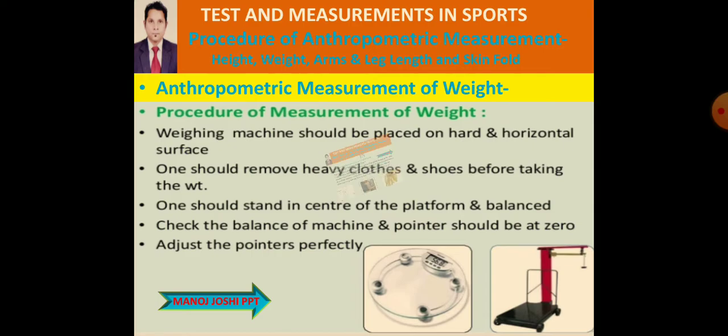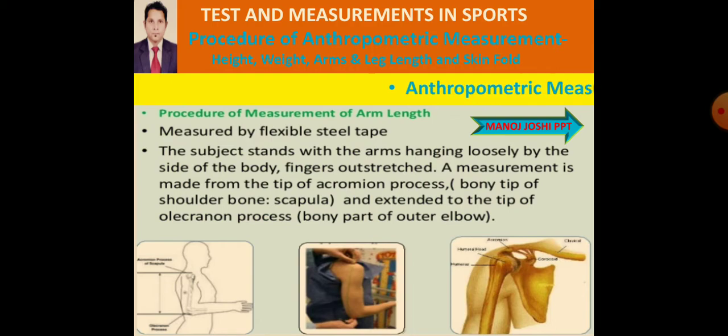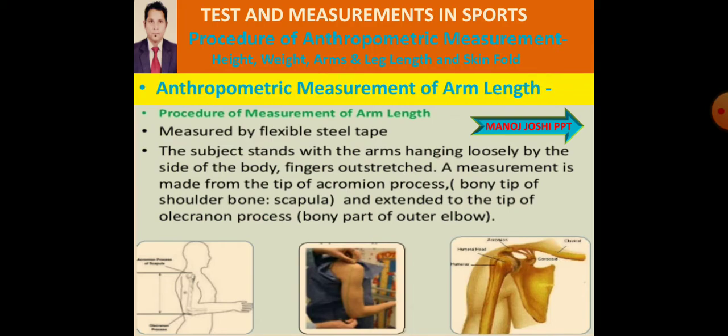Then measuring the leg length and the arm length. Anthropometric measurement of arm length: the procedure of measuring arm length is with a flexible steel tape. The subject stands with the arm hanging loosely by the side of the body, fingers stretched.